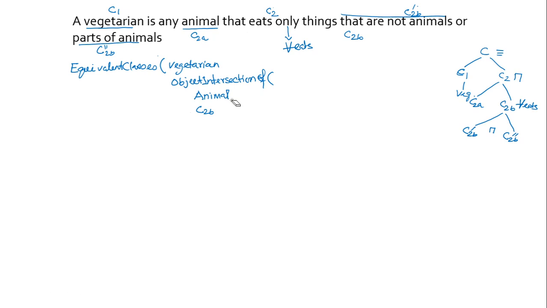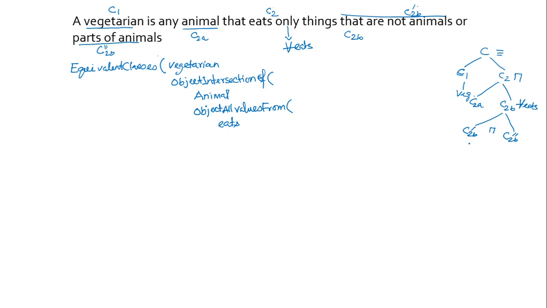So C2B will be represented as object all values from, and the first thing that we need to have is the property, which is eats.